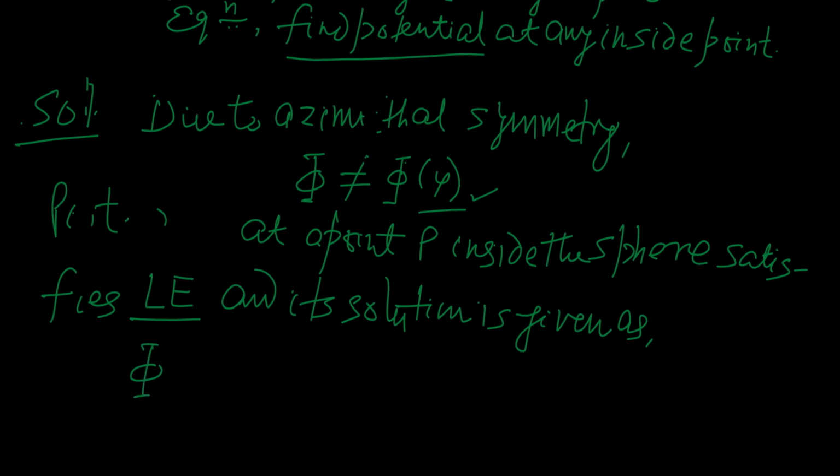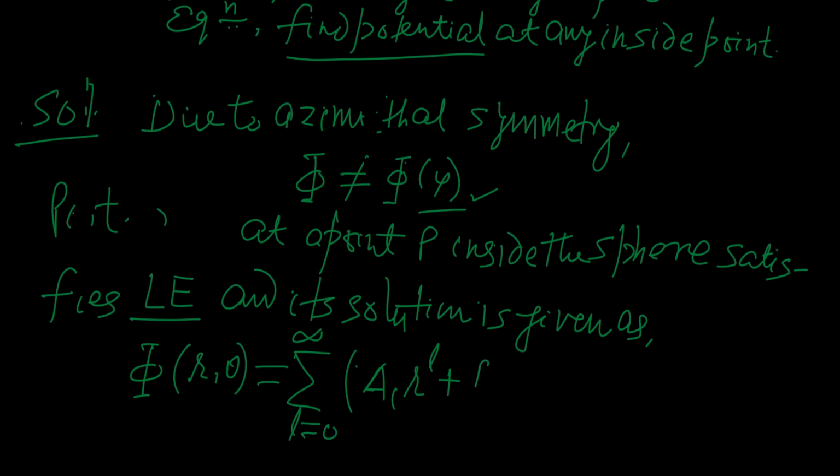This is simply phi of r theta is equal to summation over L equal to 0 to infinity, AL r to the power L plus BL upon r to the power L plus 1, into PL of cos theta.